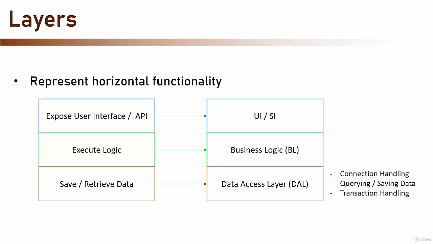The BL layer will usually handle validation, enrichment, and computations. And the UI and SI layer will expose API, handle JSON parameters, and sometimes perform authentication. So these are the classic layers we usually have in a software component.